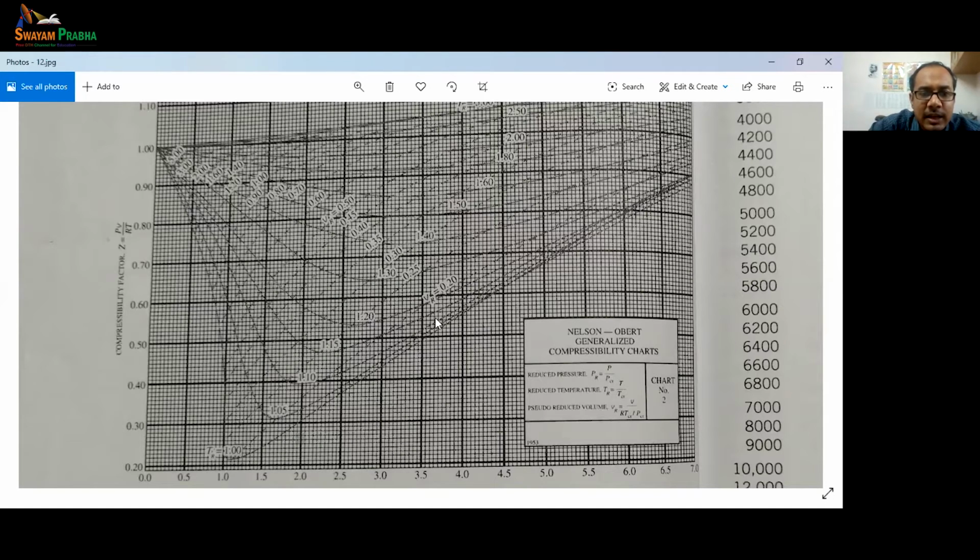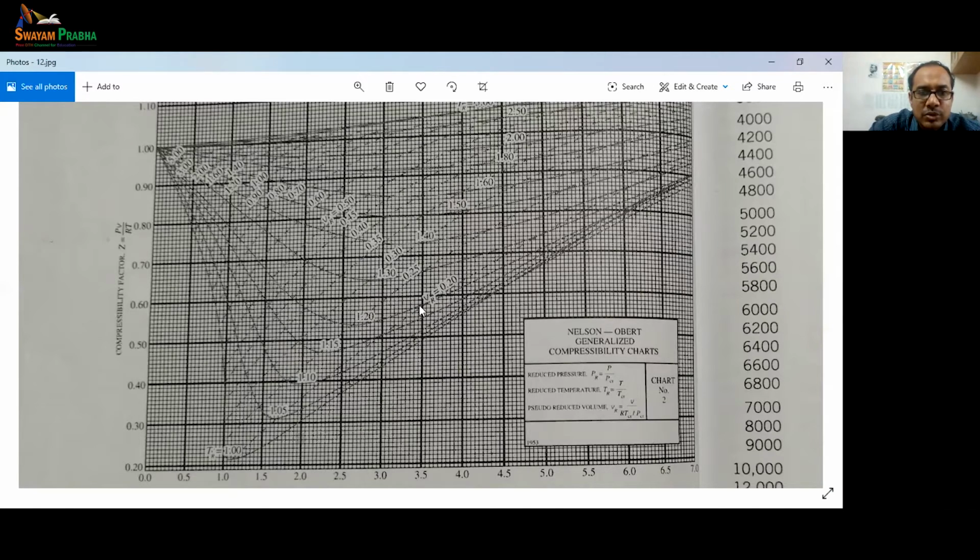And on the other hand, we have another set of lines like this. Here it will be easier. We have certain lines like this. These are for different VR. VR is the reduced volume, which we call pseudo reduced volume, which we will use in the next problem, not this problem. But let's see that these lines are there.